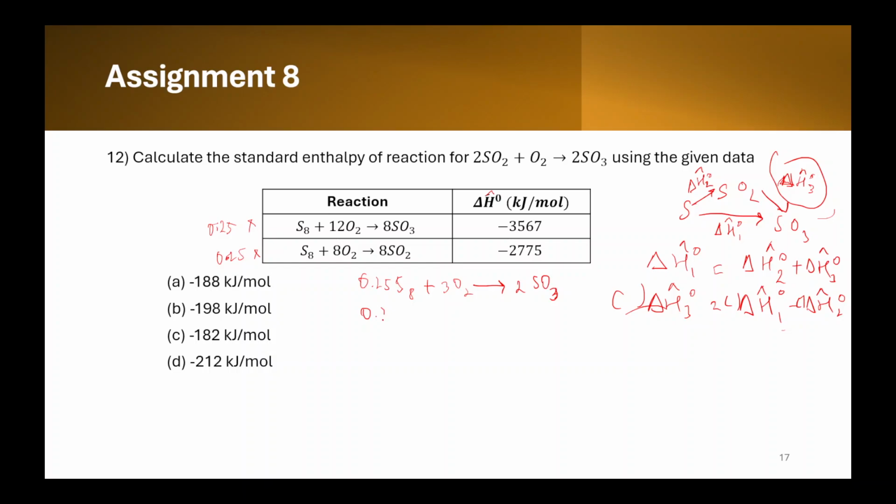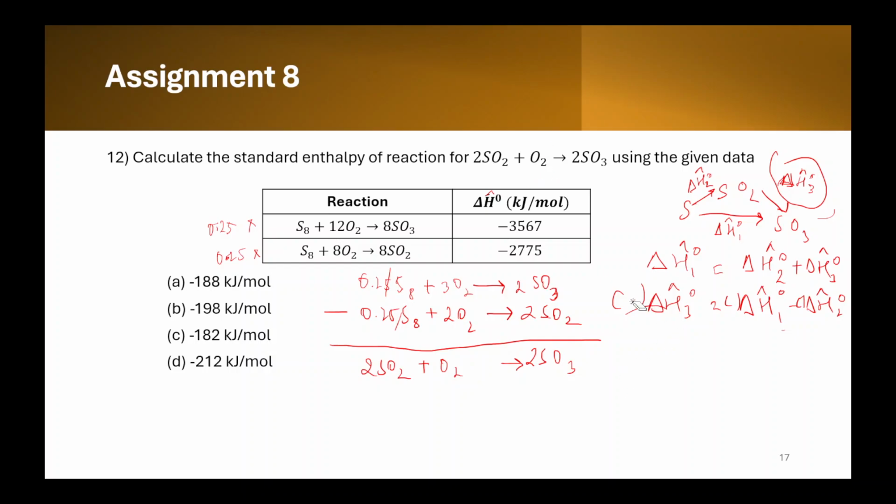And again 0.25 S8 plus 2O2 gives us twice of SO2. So we subtract this. So this gets cancelled. This will be O2. This is SO3. This remains here, and this is negative, so this comes this side, and this is 2 again. So this is the resulting, and which is the desired reaction for us.